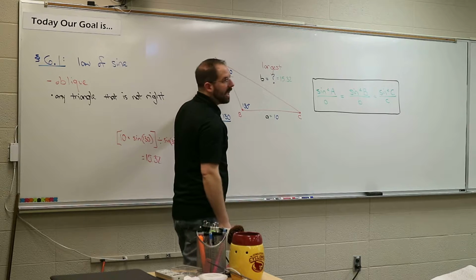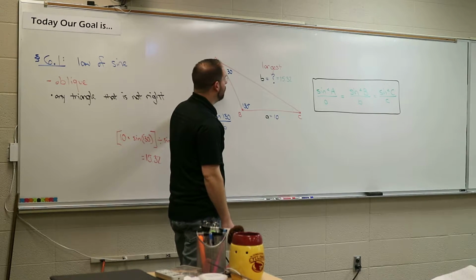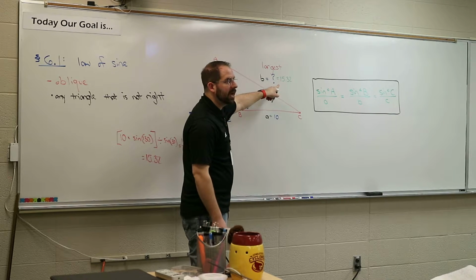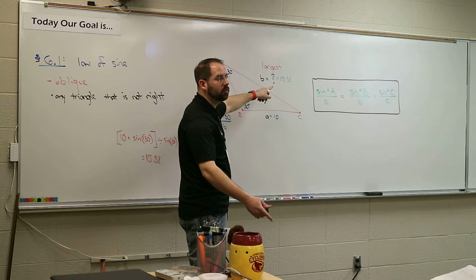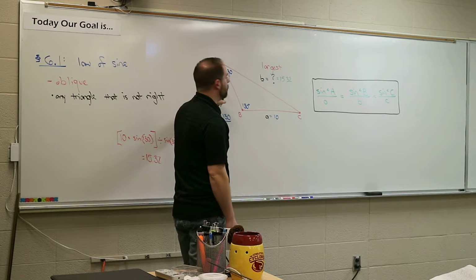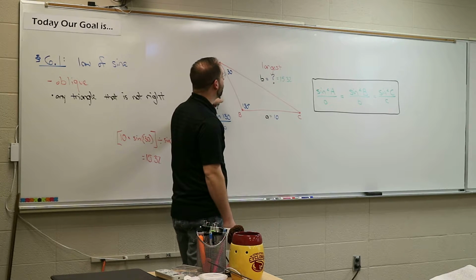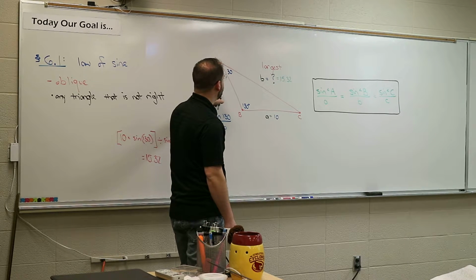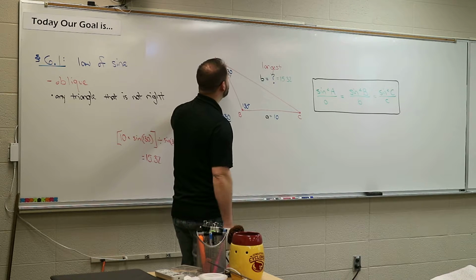So I could not have a 5 sitting here, because if I add it to the 10, it won't be more than that wall. It would have to be more than 5.32. Maybe it would be 5.33, and I'd be safe. I could go up as far as having this number be as large as 15.